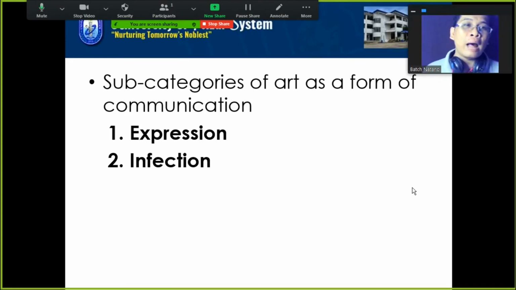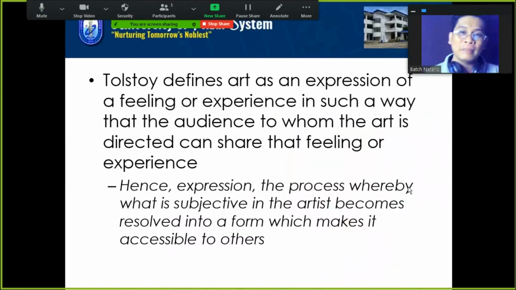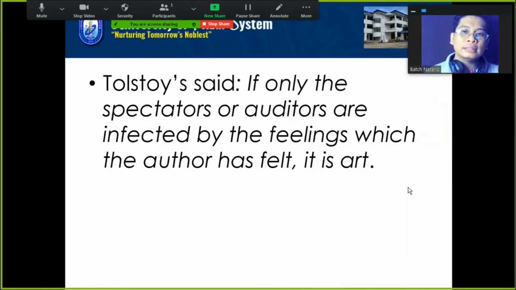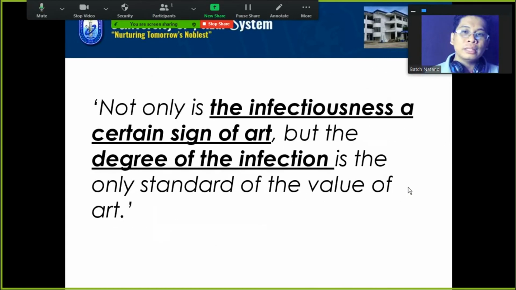Express, it has something to do with the artist, the way the artist expresses himself. Infection, it has something to do with us, the audience, how the expression of the artist infects us. Are we highly infected or less infected? Okay. So that's what we mean by an art.